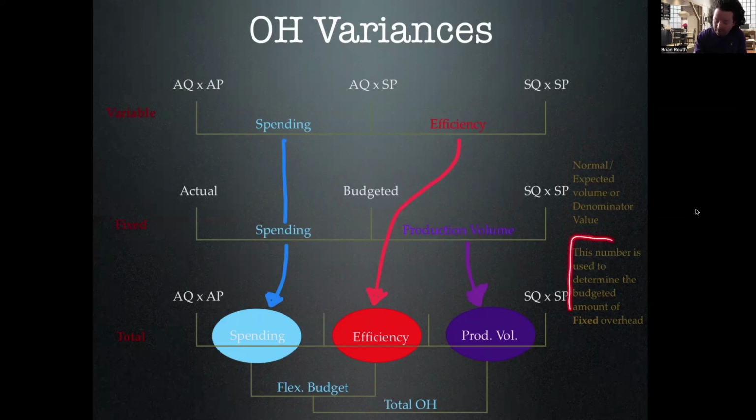I point this out because this is why it's used there. Sometimes we need to use this number to find the standard price. For example, if you're given the total budgeted fixed overhead cost and you're given the budgeted quantity, you could divide those two to find the standard price. And then you would use that over here on your peg 3 as the standard price.